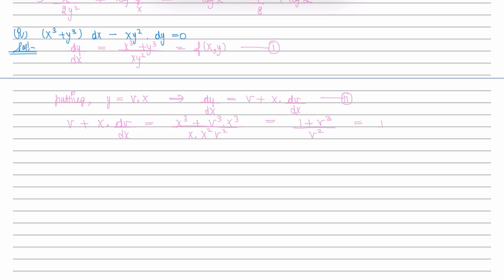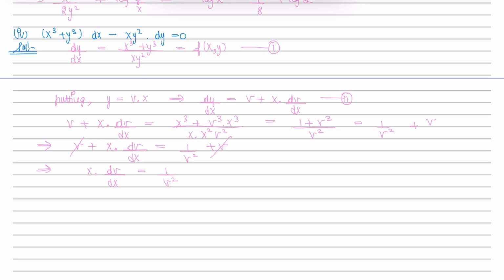We can also write it as 1 by v square plus v, and the final simplified version is v plus x into dv by dx is equals to 1 by v square plus v, and we can cancel v from both sides, and the simplified version is x into dv by dx is equals to 1 by v square.